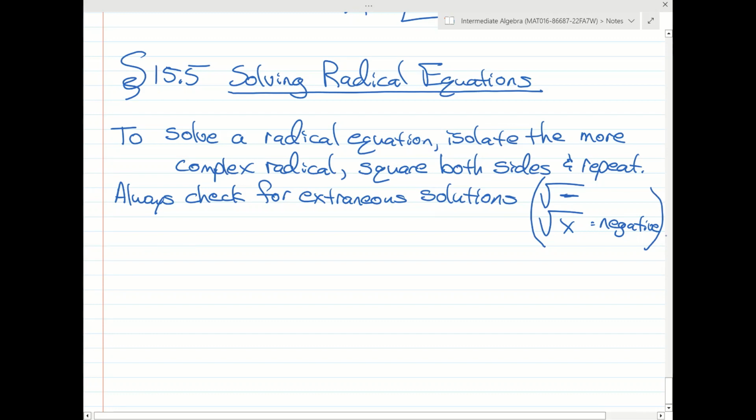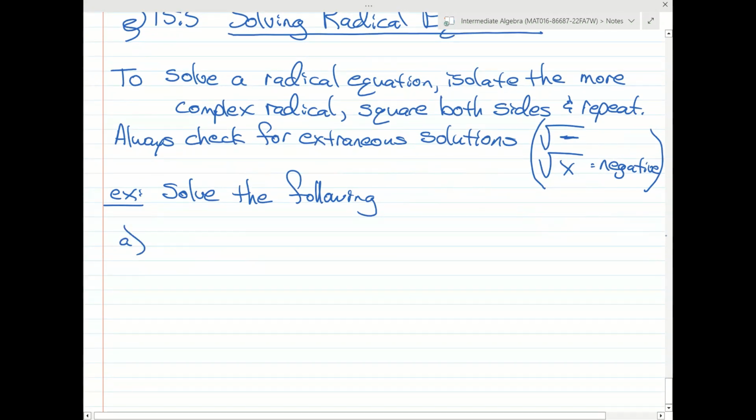Let's get into this. So let's solve the following. Let's say we have the square root of x plus 20 is equal to 4.